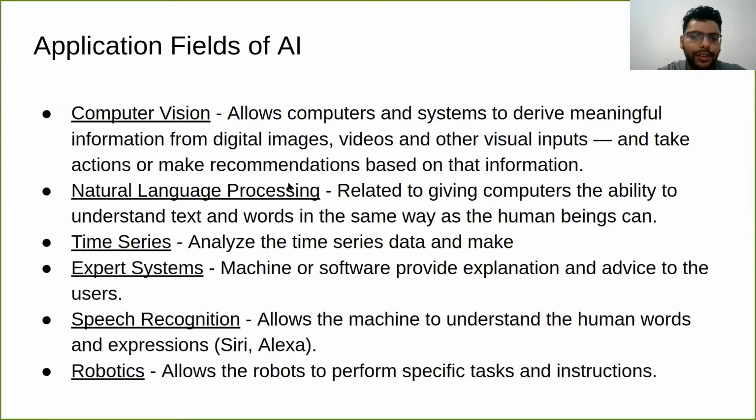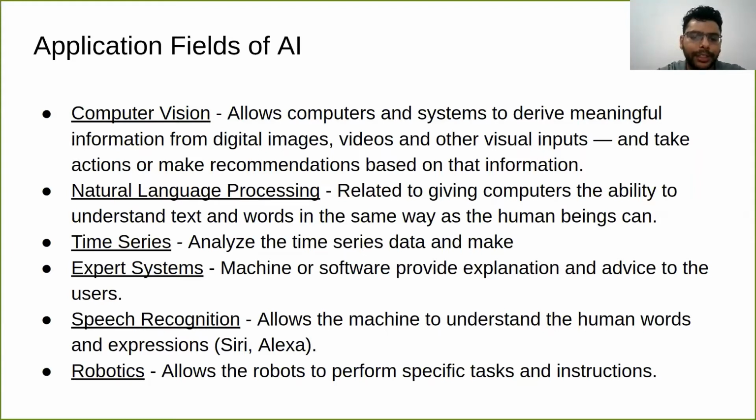Next we have natural language processing. This is related to the fields where computers try to understand text or words the same way human beings can. For example, Google Translate, or sentiment analysis, where it tries to predict whether a particular text is positive, negative, or neutral.